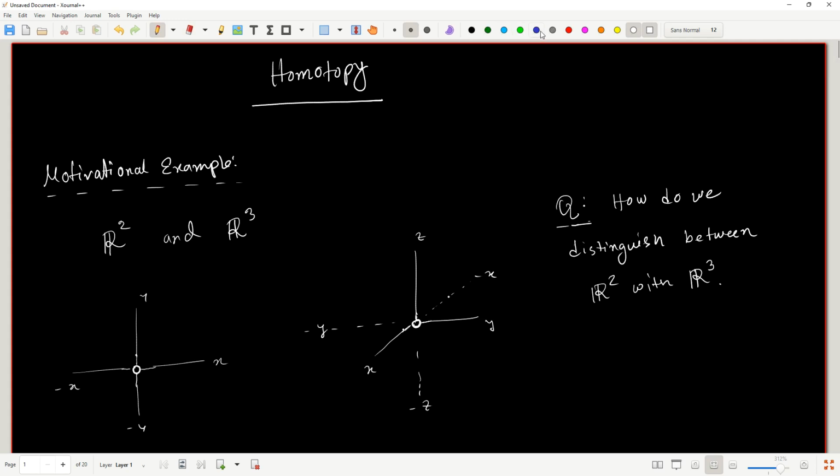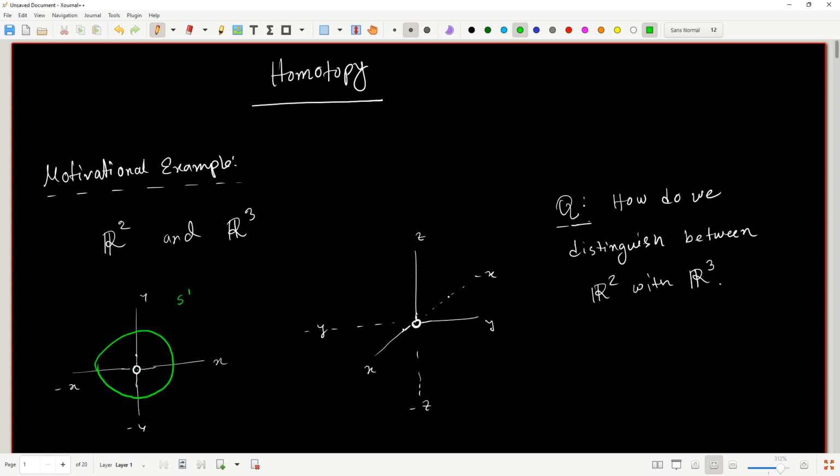Now let's draw a circle in the xy plane, or say a closed loop. If you draw a circle, or so to say S1 over here on R2, and this circle encloses the deleted origin, then if you try to shrink it to a point, you will realize that you won't be able to do that without leaving this R2 space itself, right?